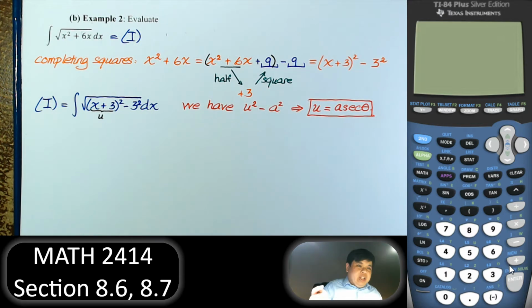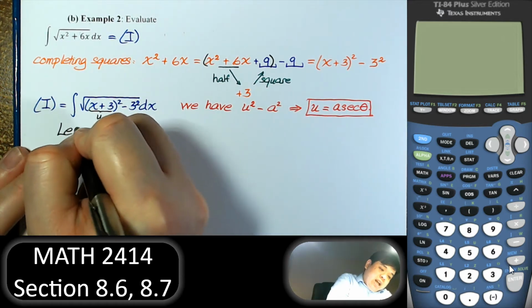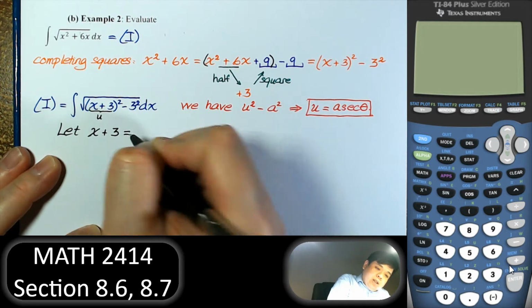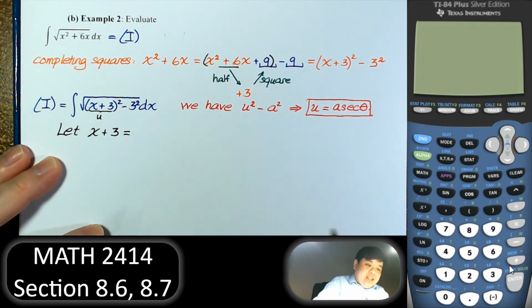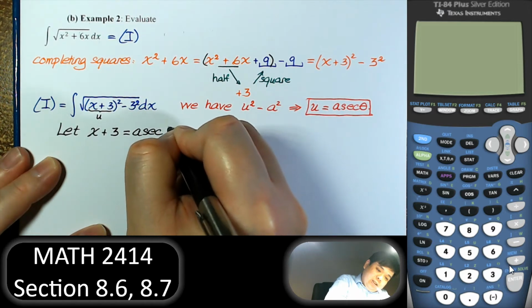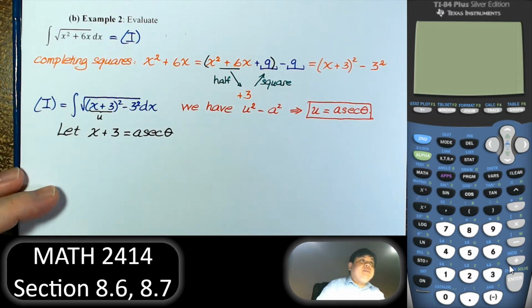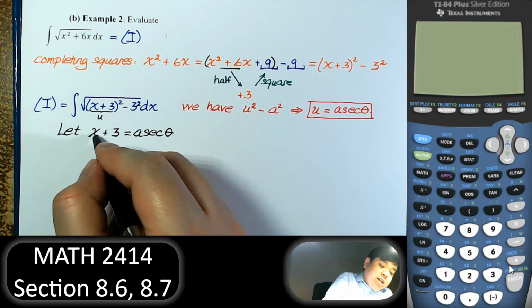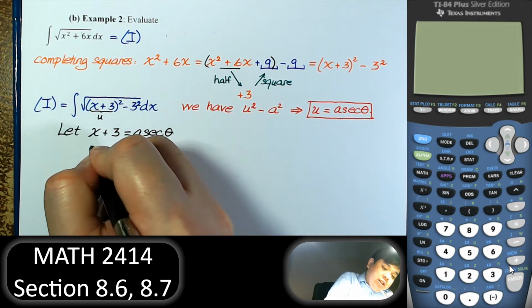But we're not going to write u. We'll just say let x plus 3 equal a secant theta. So we let something more than just x be a trig function. That's perfectly fine. In that case, we move the 3 over.